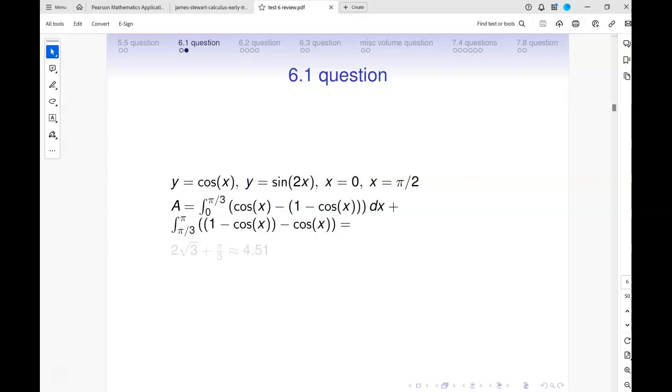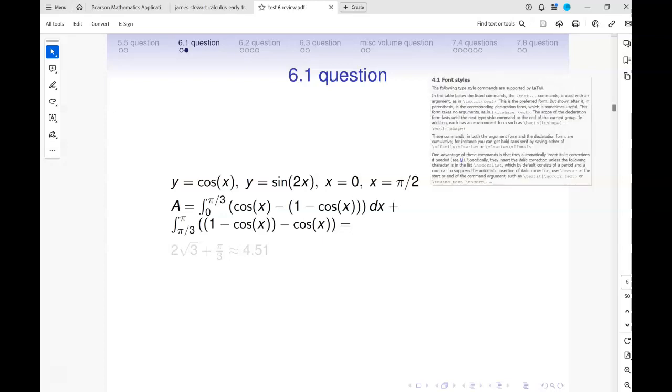So, how would you do it? I mean, what's the antiderivative of sine? Negative cosine. So then you still have to plug in negative cosine 2 times pi over 2. That's just pretty difficult.